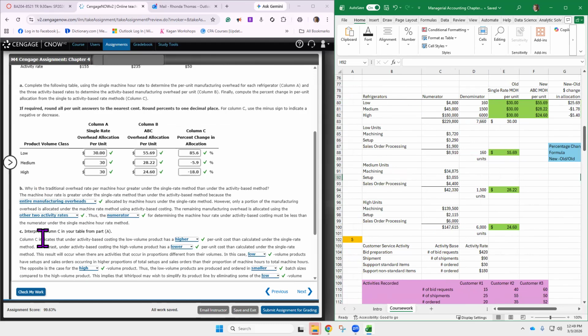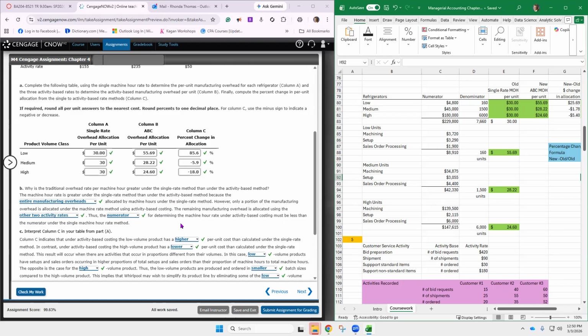Why is the traditional overhead rate per machine hour greater under the single rate method than under the activity-based method? The machine hour rate is greater under the single rate method than under the activity-based method because the entire manufacturing overhead is allocated by machine hours under the single rate method.